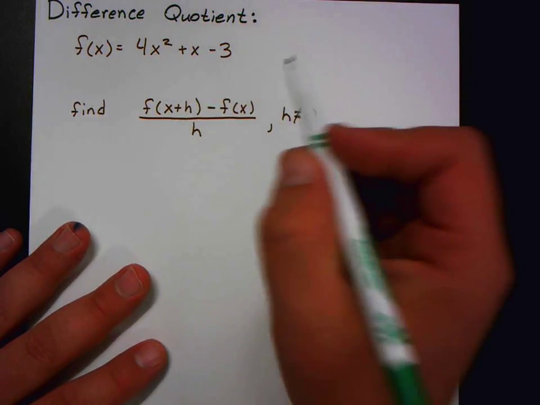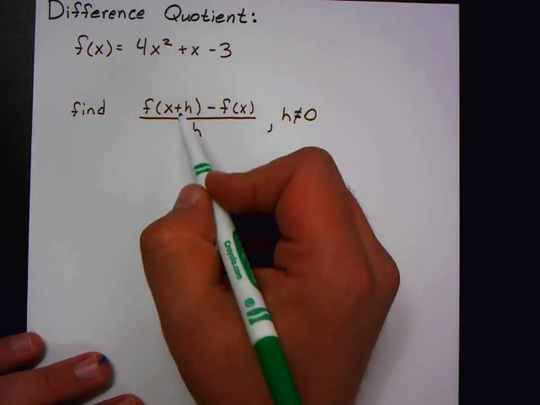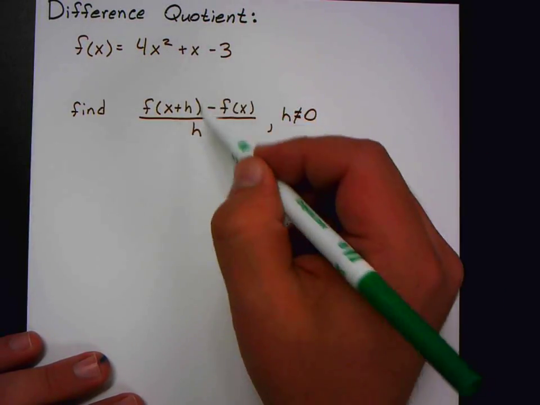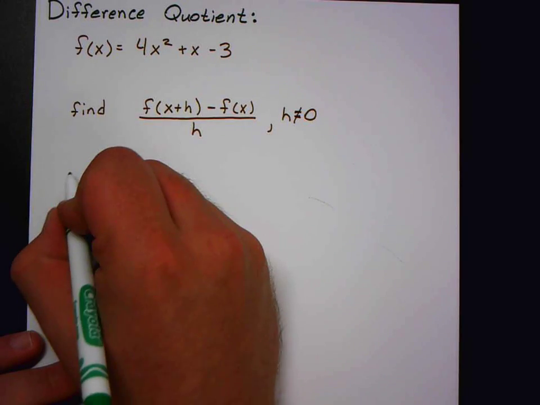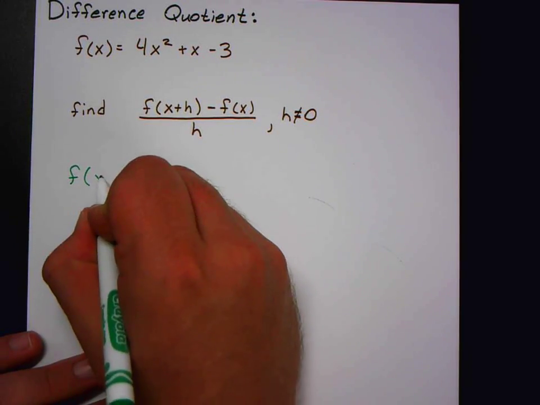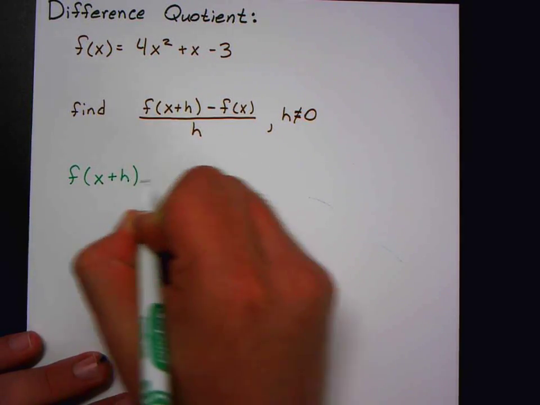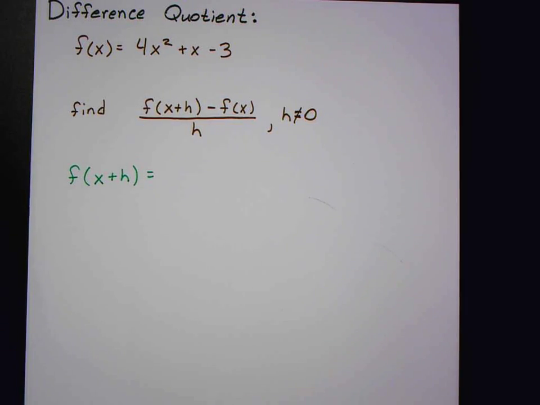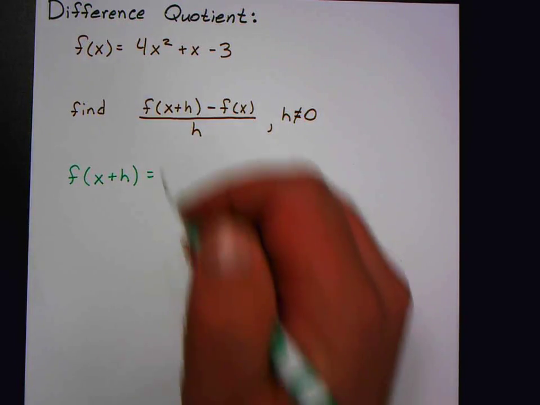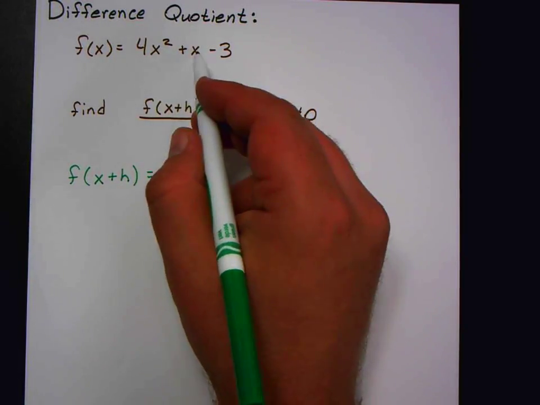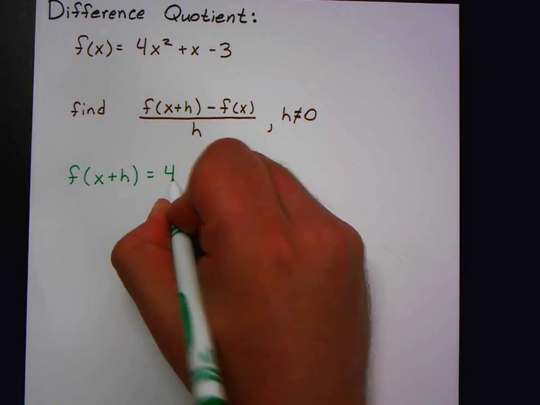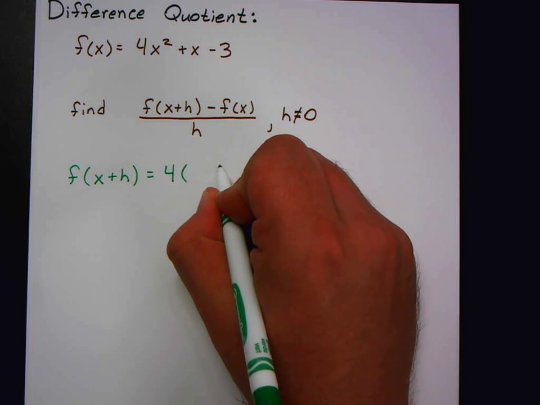All right, so what I would suggest doing is, instead of trying to plug everything in here at once, start off by finding f of x plus h, because that's the part that most people mess up with. So what this means is I want to take every place where there's an x, I'm going to take out all my x's.